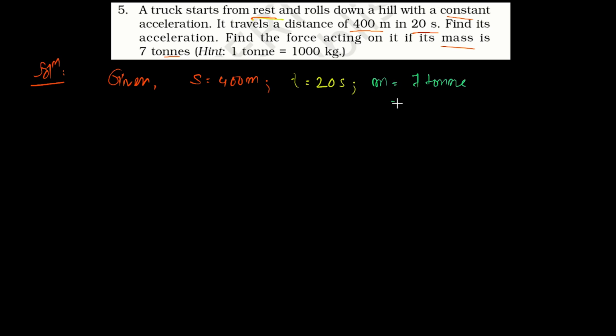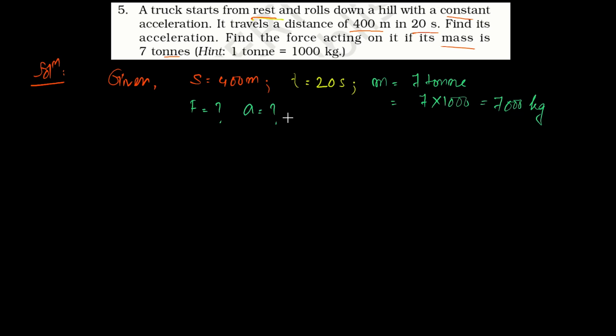We can convert this 7 tons to kg by multiplying by 1000, so it is 7000 kg. We have to calculate force and acceleration.